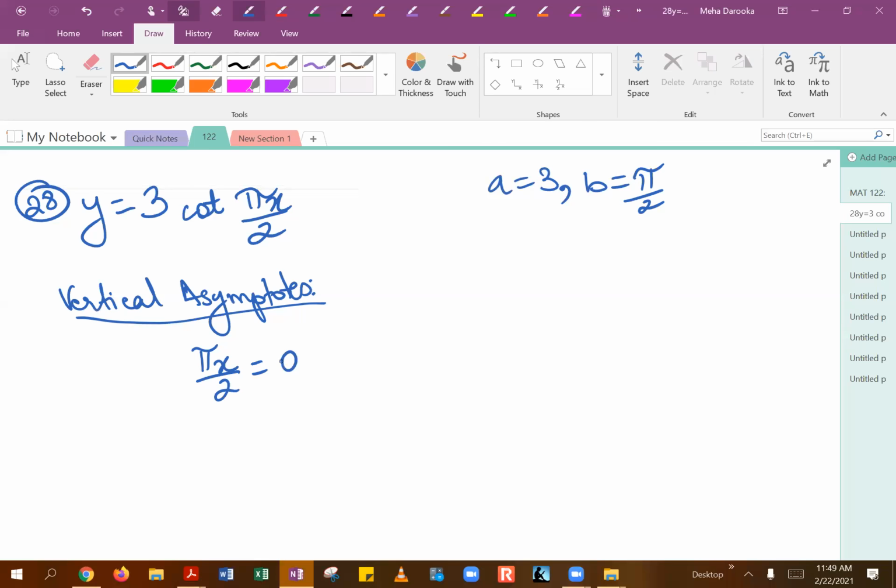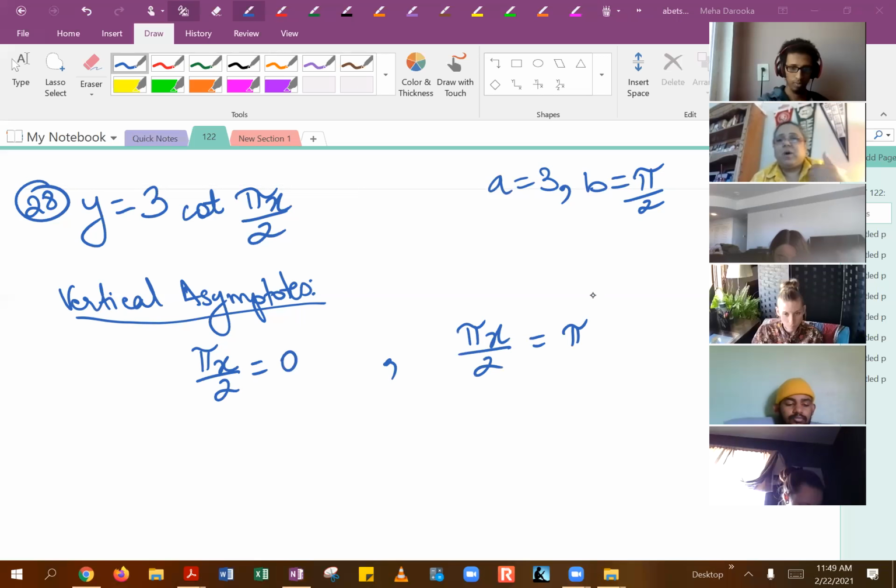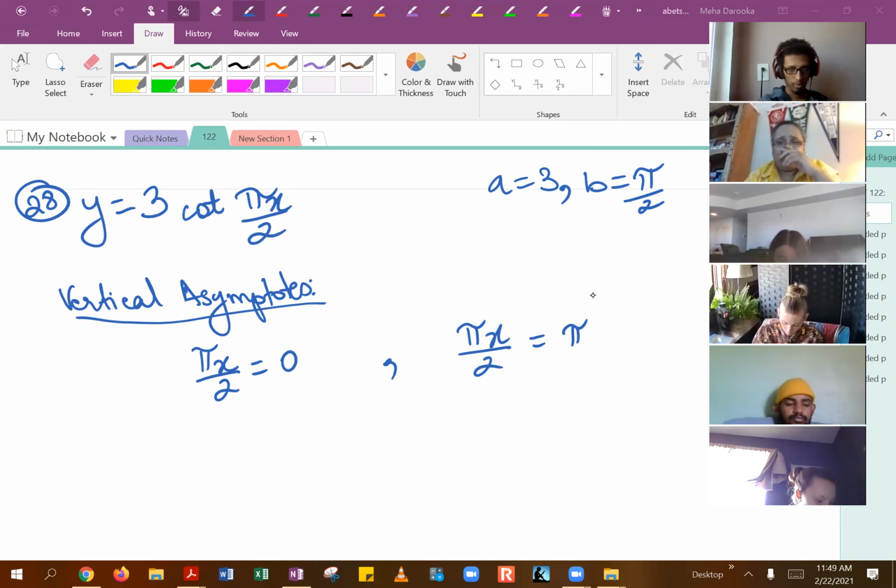So 0, and then this guy will be pi x over 2 equals pi. So now you want to try and get x by itself. So what do you think those two x values are going to be when you solve both of these equations? So what kind of x value will you come up with?